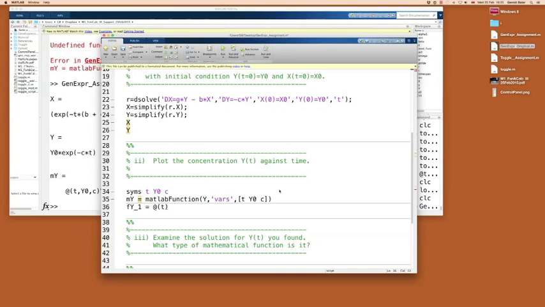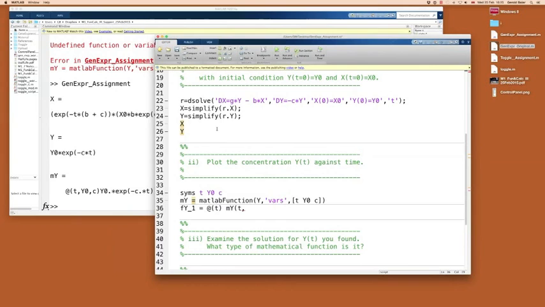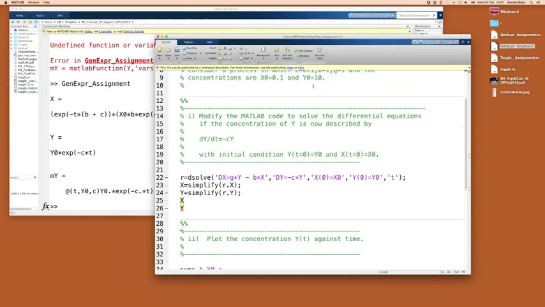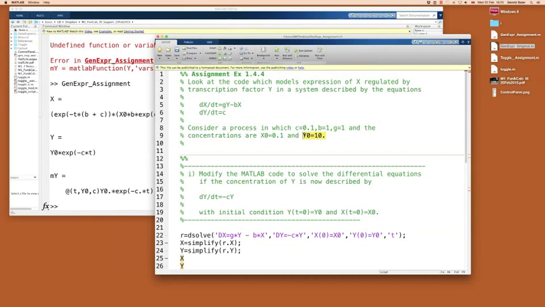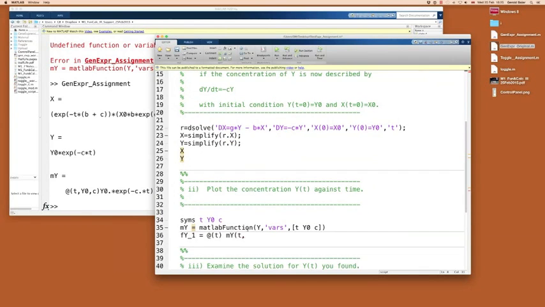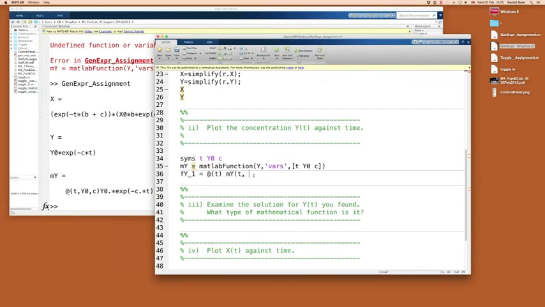And then we take our function, which is called my, and now we need to specify t is going to be the variable, so we just leave the symbol t there. And then for the value y naught, we have a suggestion at the top of the assignment. It says y naught should be equal to 10. Here we go, y naught equal to 10. And while we're here, c is equal to 0.1. So we need to put that down in our code, 10 and 0.1.